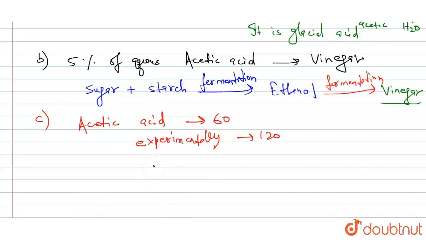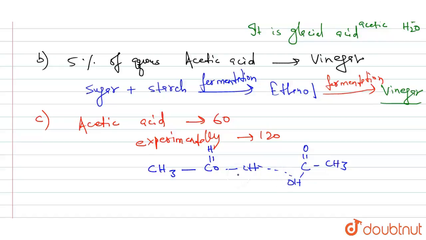So this is the simple thing I'll say. Here we have intermolecular hydrogen bonds, this is OH, this is the double bond, CH3. Here you can see that this acetic acid is having intermolecular hydrogen bonding.